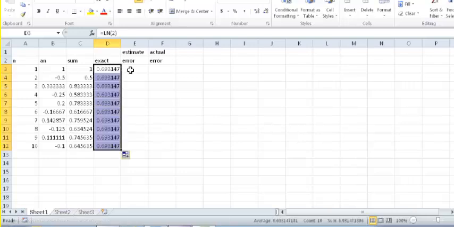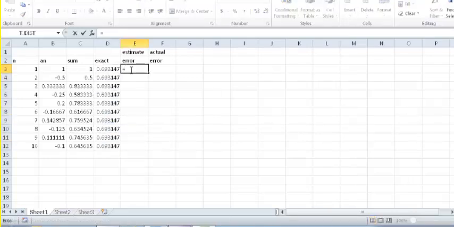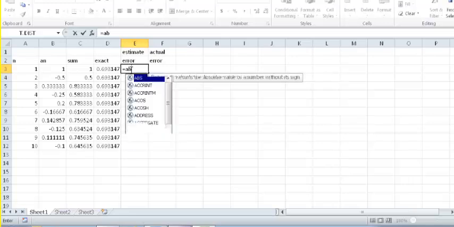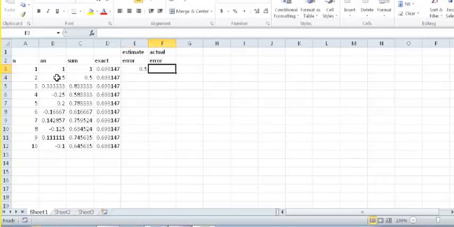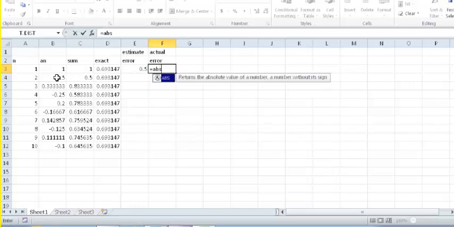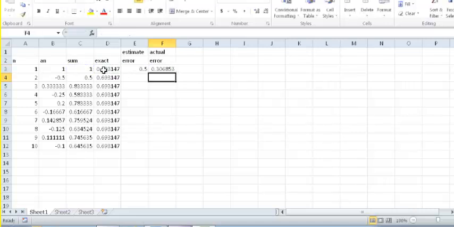The estimated error here is equal to the absolute value of this term. And the actual error is the absolute value of the sum minus the exact value, which is 0.3.